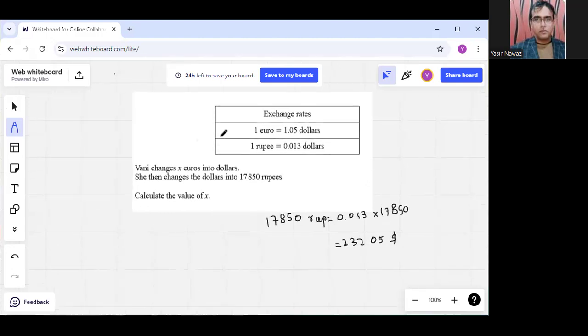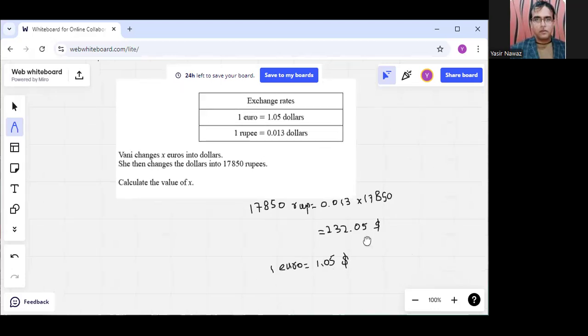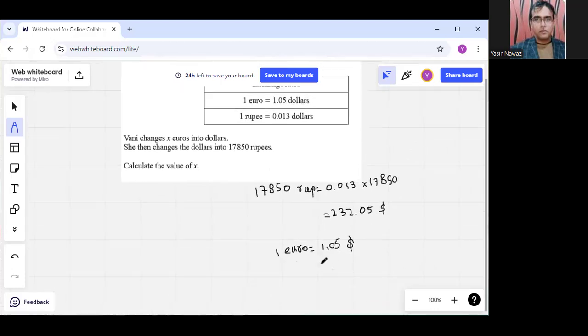Now the first relationship is converting from euro to dollars. 1 euro is equal to $1.05. Actually, I want to convert dollars to euro, so I will divide by 1.05 on both sides.